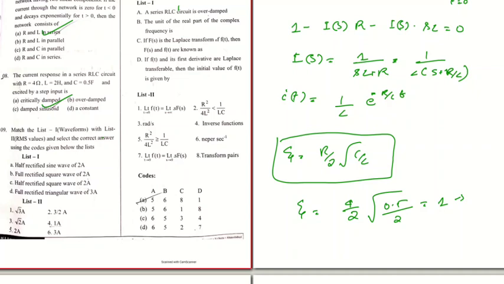In the next question, we have to match list 1, that is the waveform, with list 2, that is RMS values, and select the correct answer using the codes given below the list. The first one is a half wave rectified sine wave of amplitude 2 ampere.